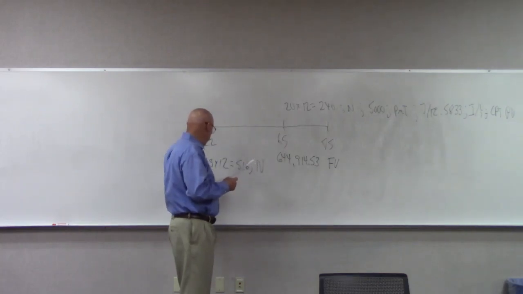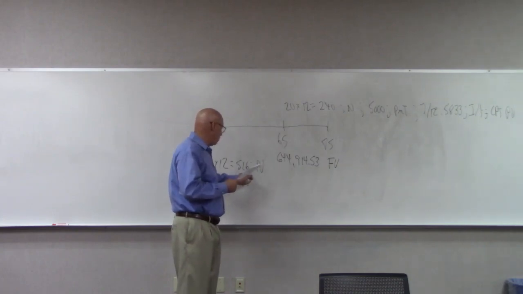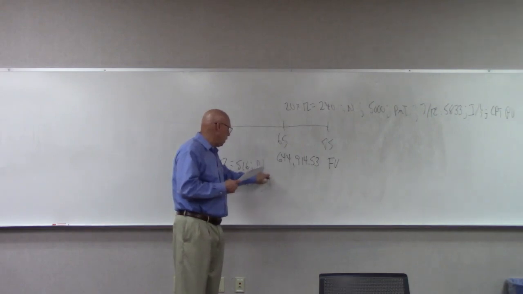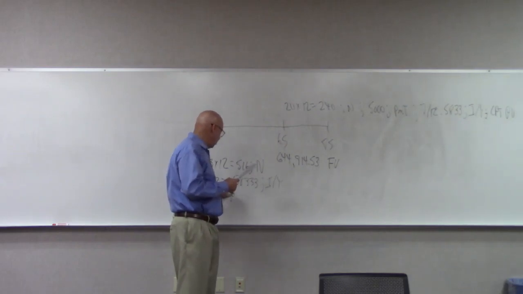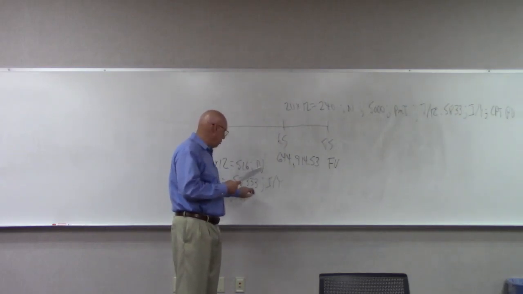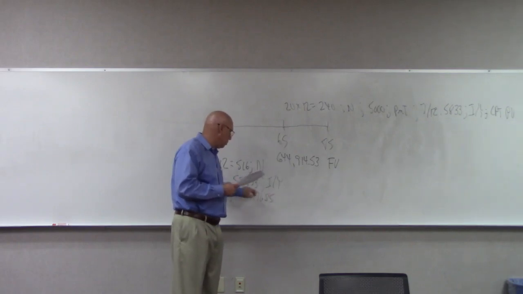And 7 divided by 12 is 0.5833. That's your IY. Compute payment, and you have $196.85.